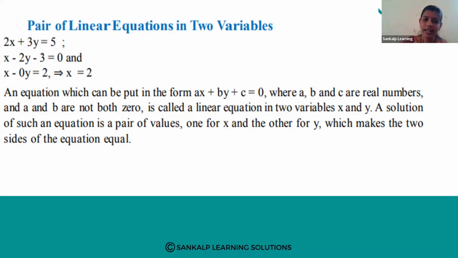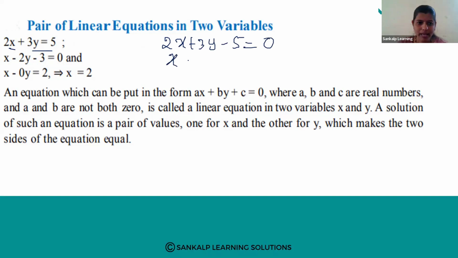Yes. See, for example, 2x plus 3y equal to 5. This is one equation. Here two variables are there, right? So one is x, another one is y. You are seeing two variables here. So 2x plus 3y minus 5 equal to 0.